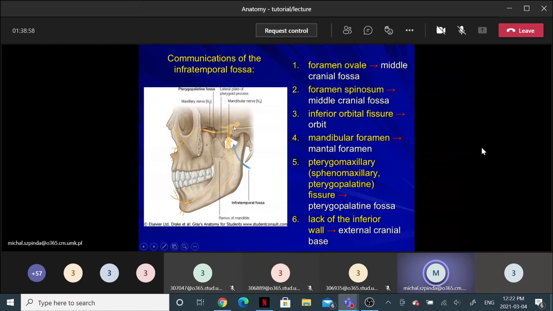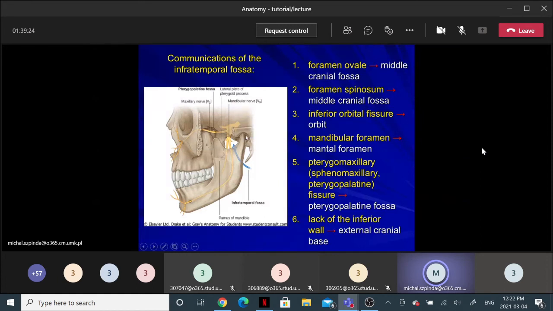Apart from this, you know that in the superior direction, the infratemporal fossa freely communicates with the temporal fossa. And one more fissure, the petrotympanic fissure.